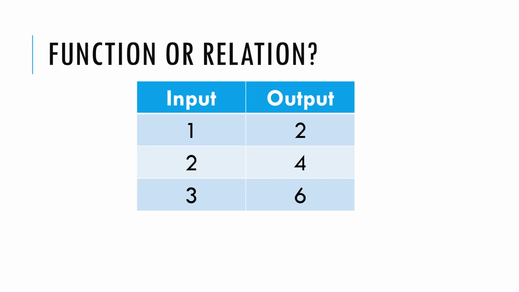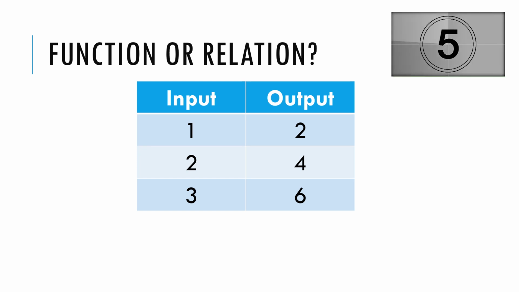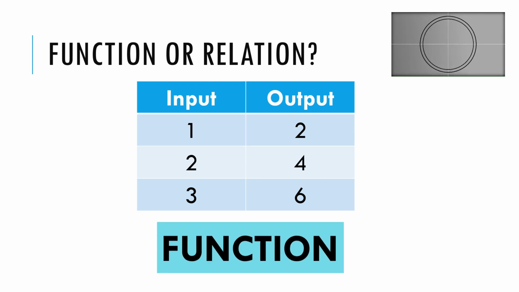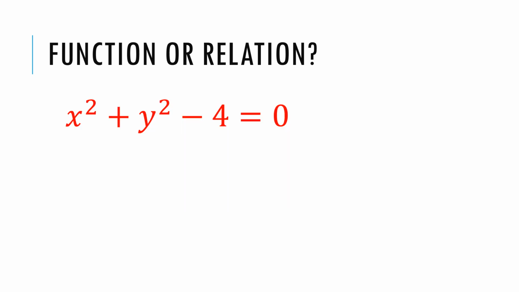Ang output niya is 6. Function or relation? Timer starts now. And the answer is, of course, this is a function. Again, sa input niya, walang inulit din, and isa lang din ang kanyang output sa bawat elements ng input.